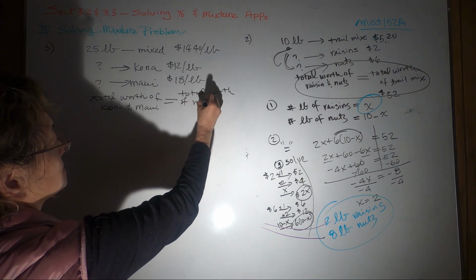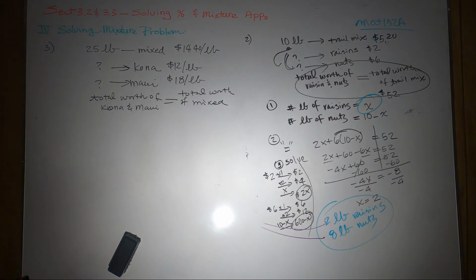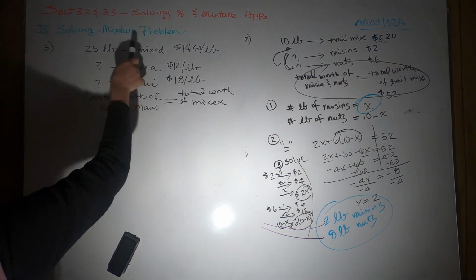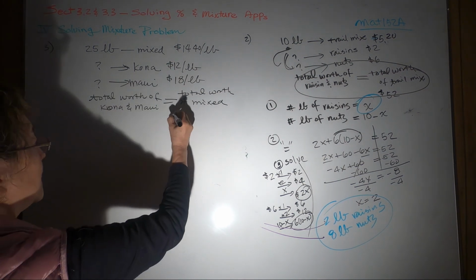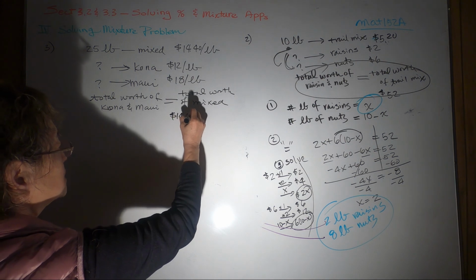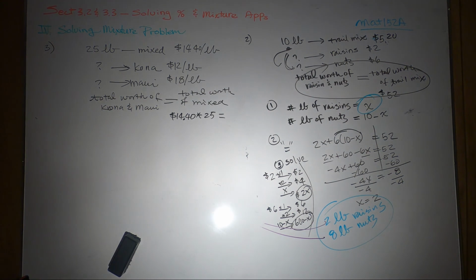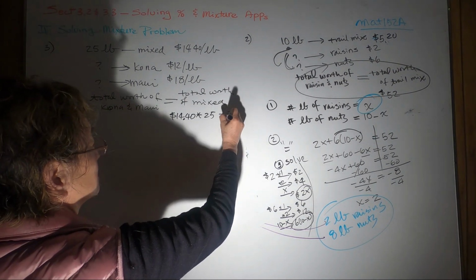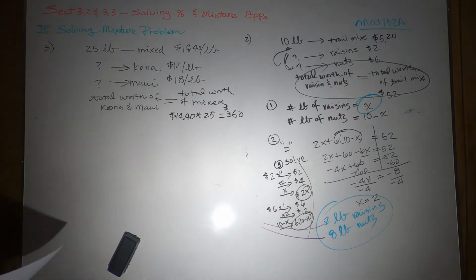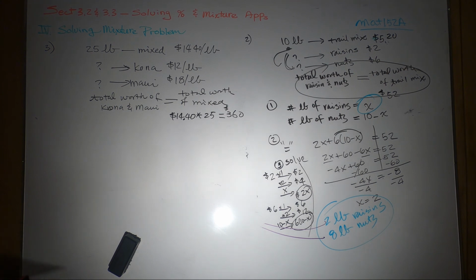The mixed bean, right? So how much would it be worth in total, supposed to be 25 pounds at $14.40 per pound? So you do $14.40 times what? 25 pounds. So it should be worth how much? $360, right? That was the plan you would like to do.